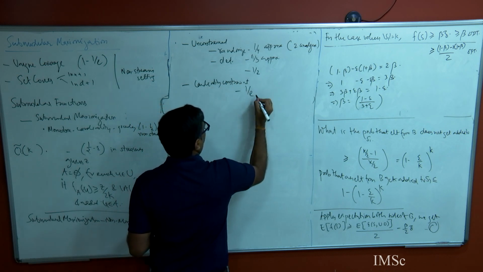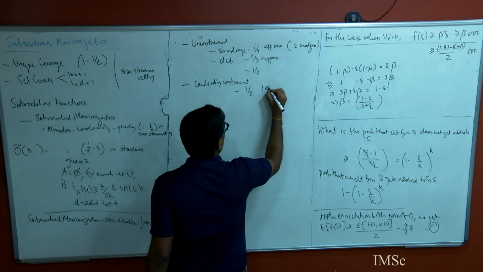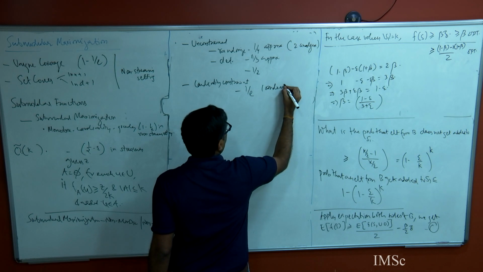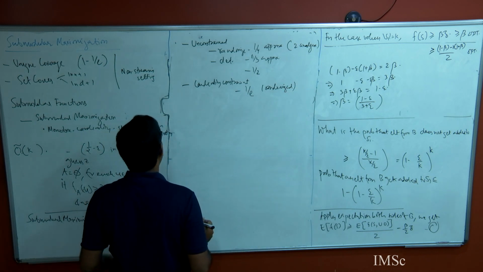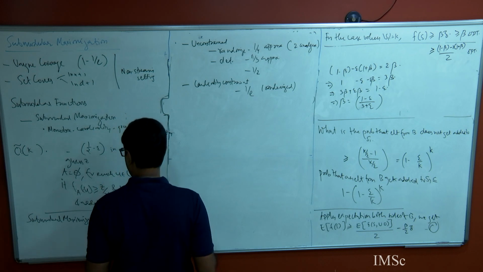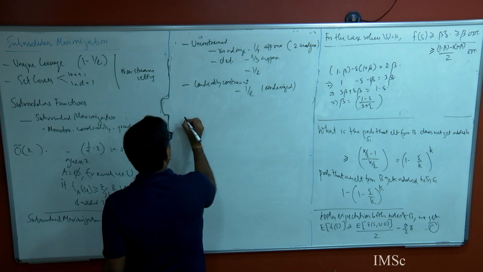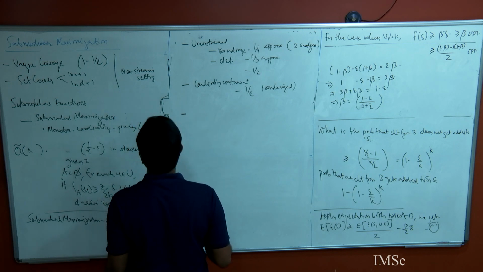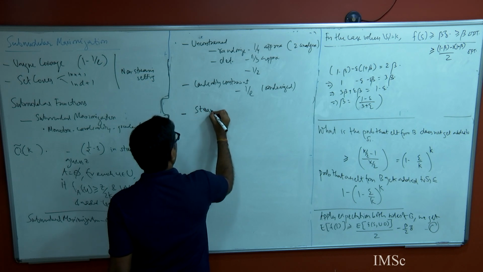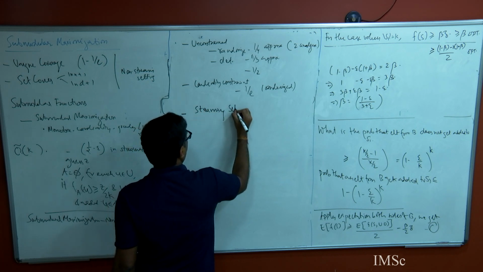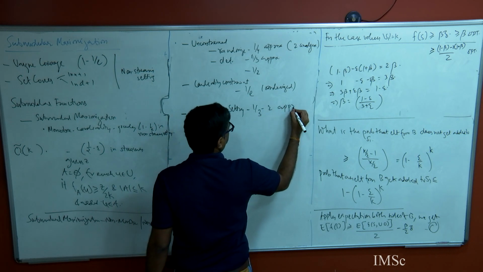And what was it, 1 over E approximation, again randomized. Okay, submodular, unconstrained, cardinality constraint. And finally, today we saw in the streaming setting, one-third minus epsilon approximation.